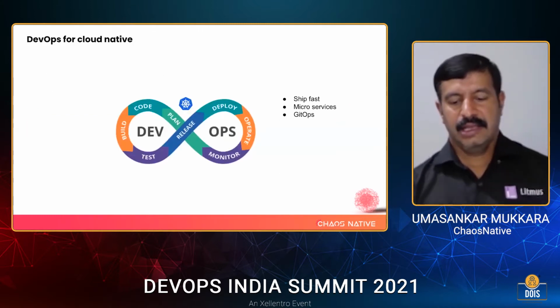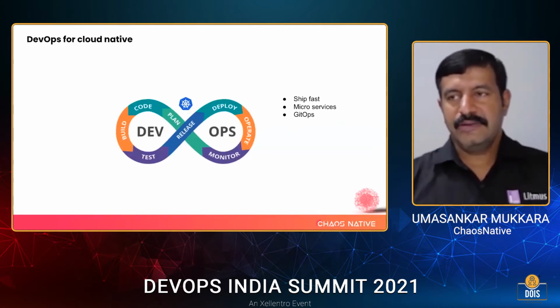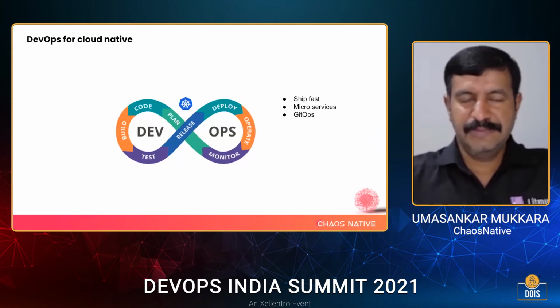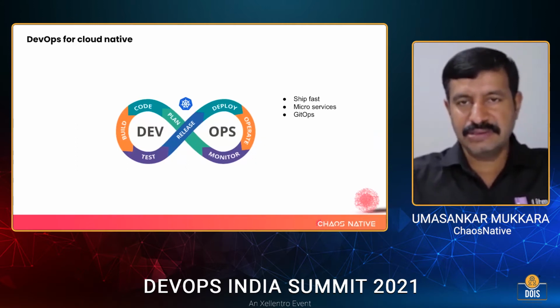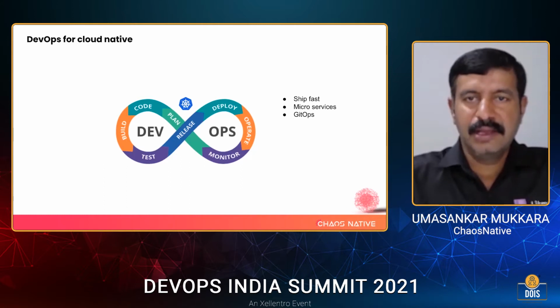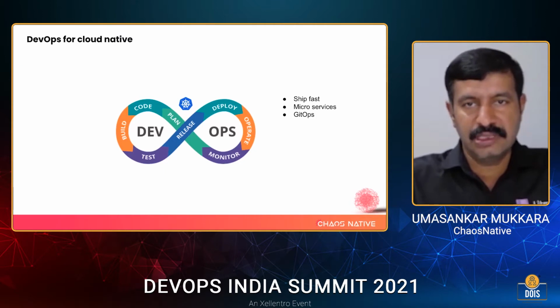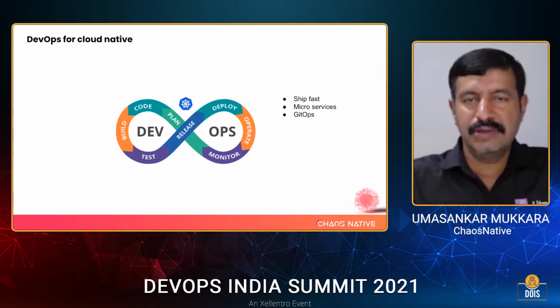If you see the cloud native DevOps, it's shipping fast, it's dealing with microservices. The CI/CD for microservices has been pretty good. There are many improved tools available right now to deal with this proliferation of microservices for CI/CD.